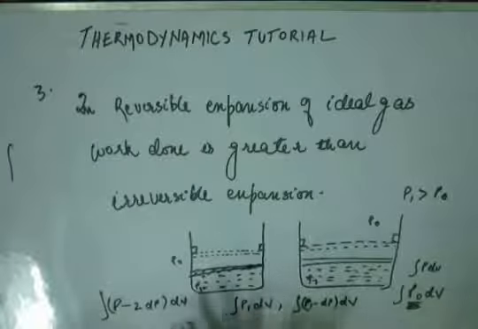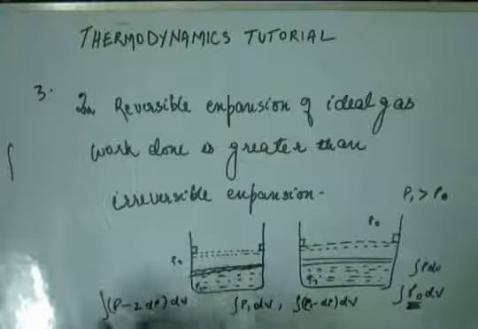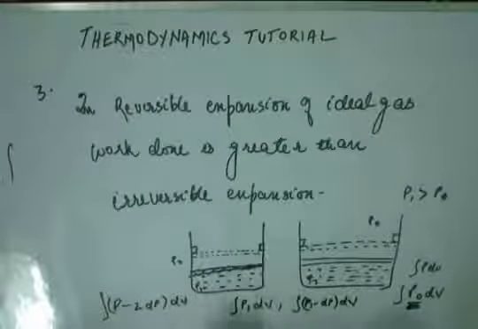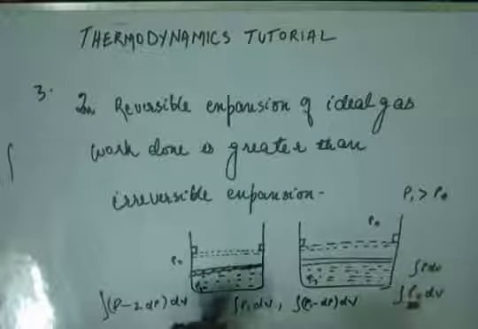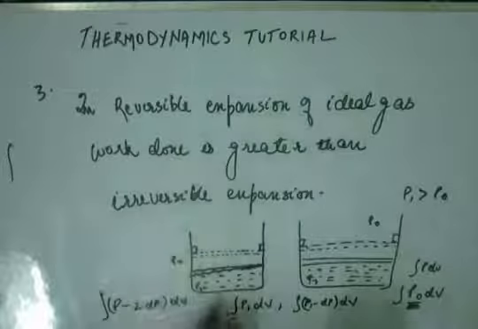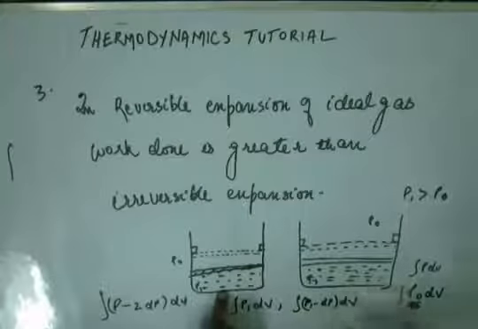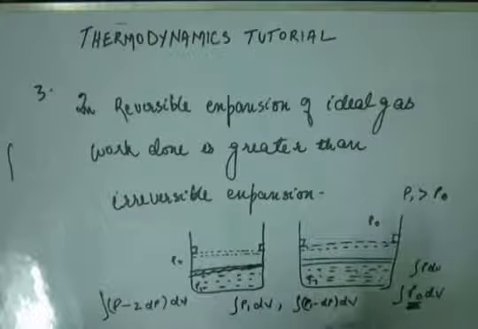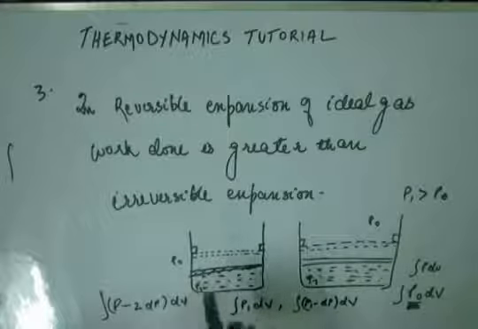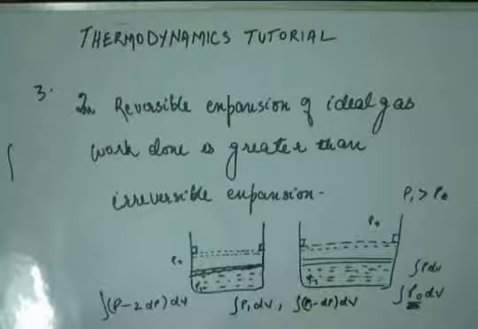Here the pressure is gradually decreasing, but still this gradual decrease keeps the pressure much higher than in the other case. So in this case the pressure throughout is going to be large. In the irreversible case the pressure throughout is going to be constant and much smaller. So in this case the resistance provided to the piston against rise will be much higher than in the other case.